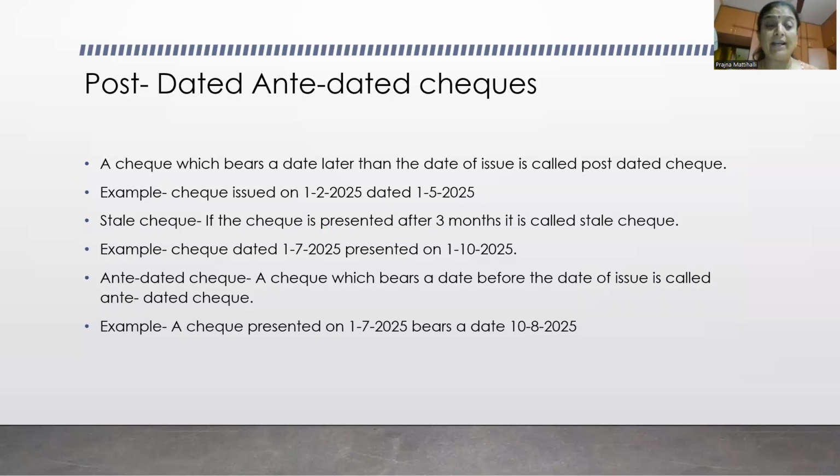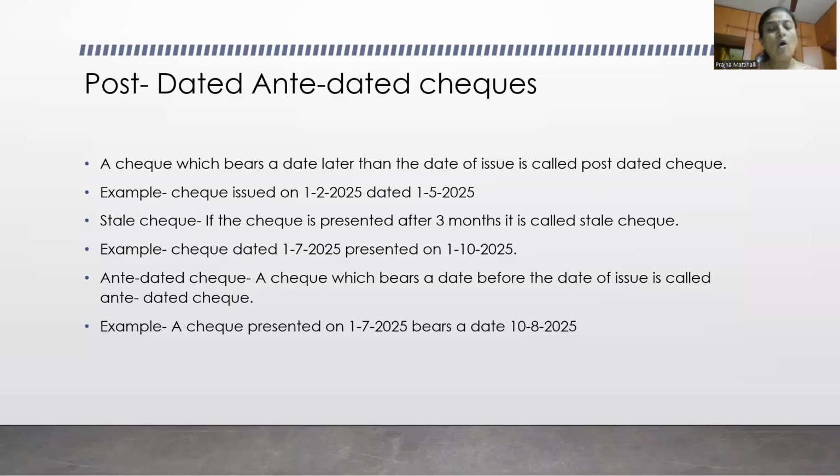Then, what is a post-dated check? A check which bears a date later than the date of issue. That means today you are issuing the check, but you can put tomorrow's date, or the date of the next day or the day after. Then it becomes post dated. You have to wait till the date.